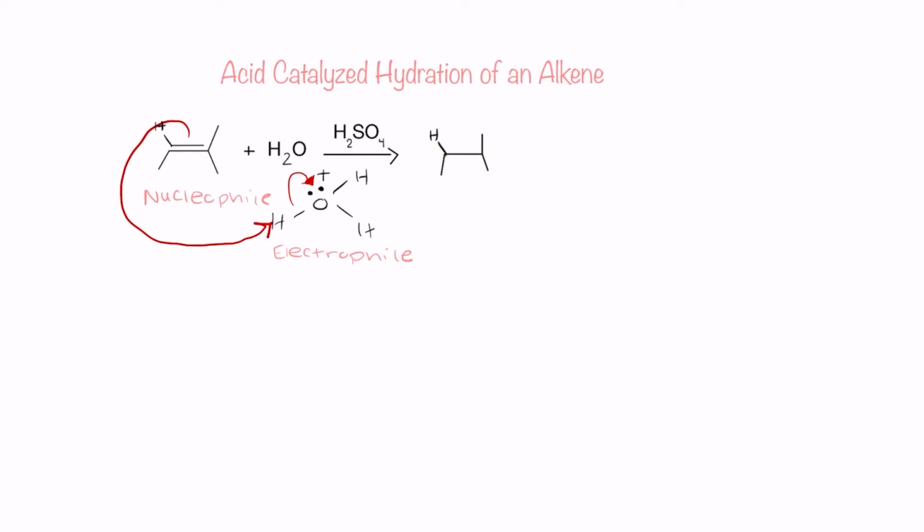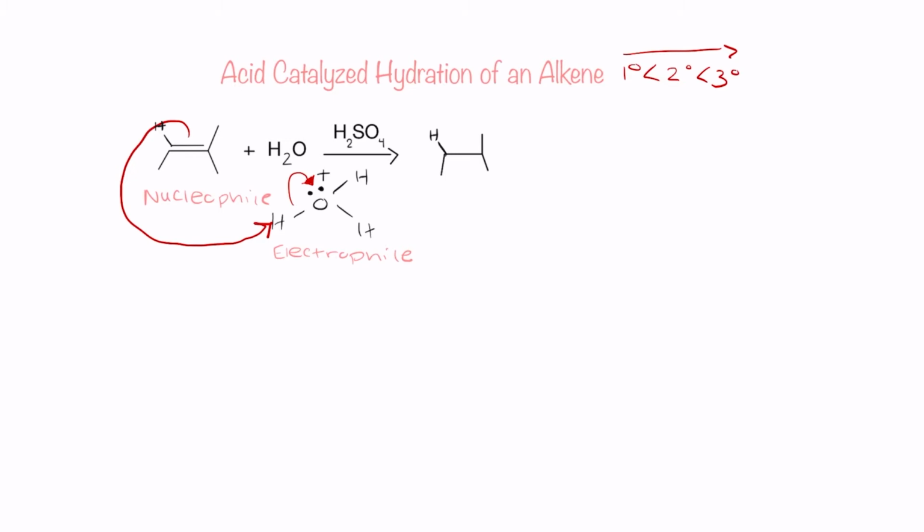And the answer is, we would rather have the positive charge on this carbon because that's going to give us a tertiary stabilized carbocation. And so, if you recall, the order goes from primary to secondary to tertiary, with tertiary being the most stable carbocation.